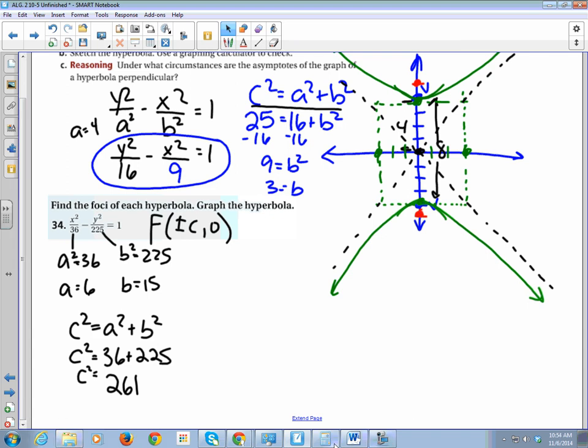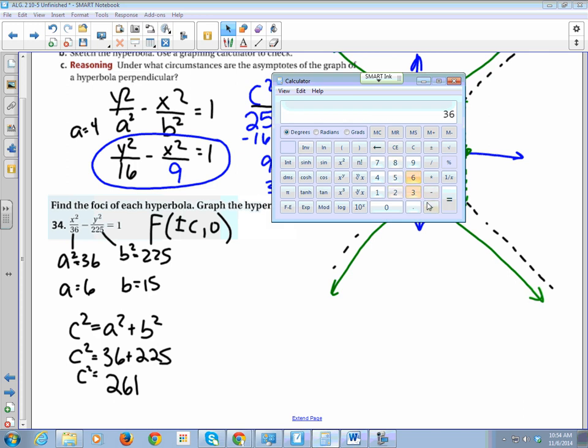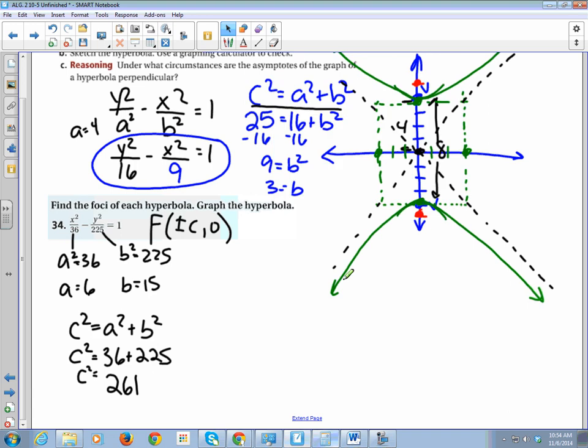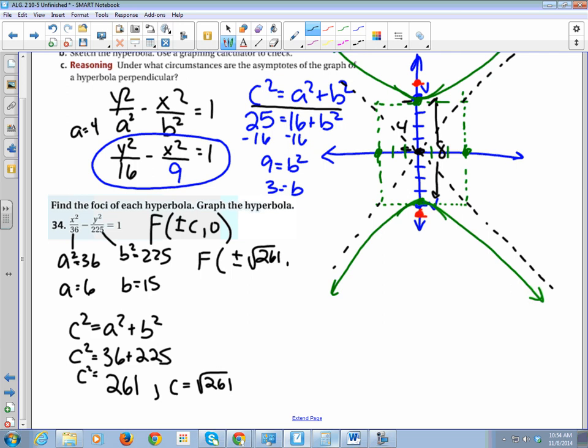And now I'm doubting my math, so I'm double checking. 36 plus 225, 261. Okay. And the square root is 16.15, so I'm just going to keep 261. So c is equal to the square root of 261. So my foci are at plus or minus root 261, comma 0.